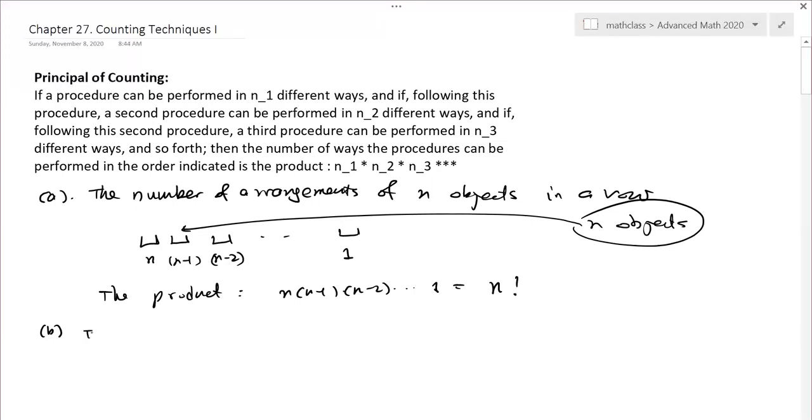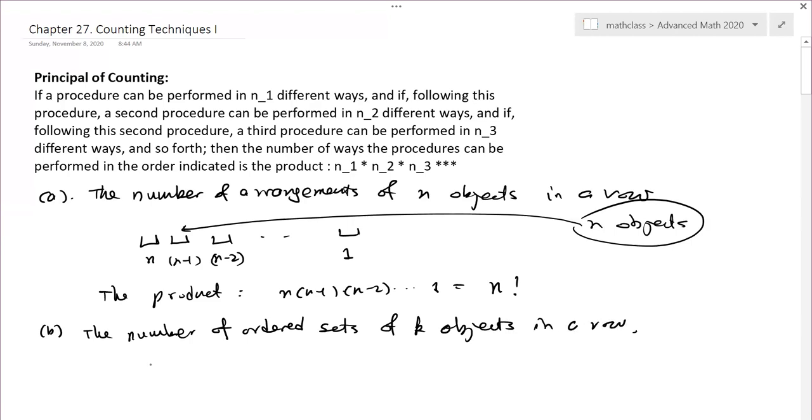So here's the second formula: the number of ordered sets of k objects in a row, of course selected from a set of n objects.